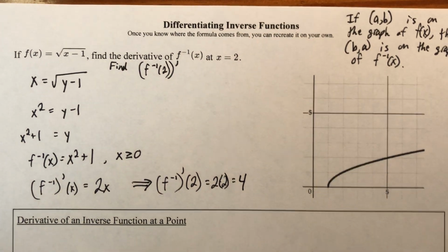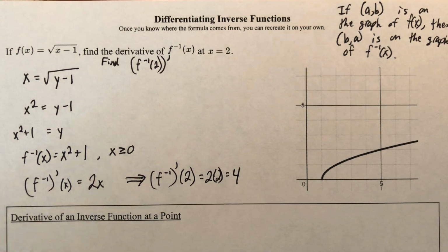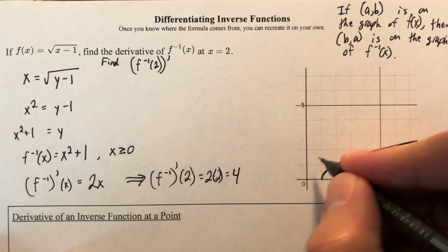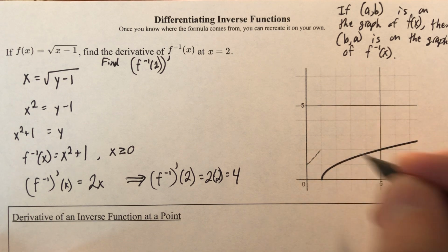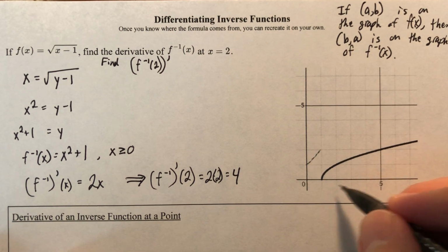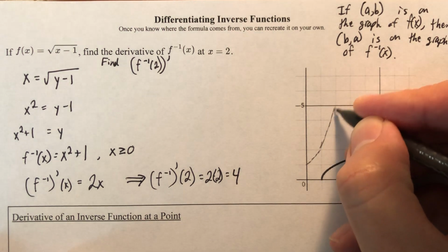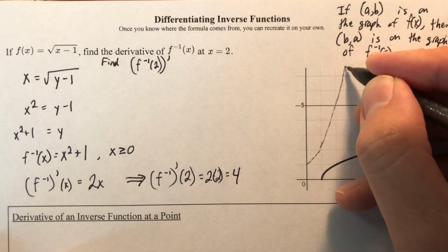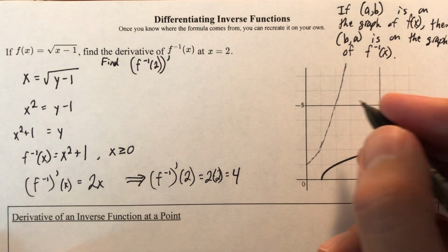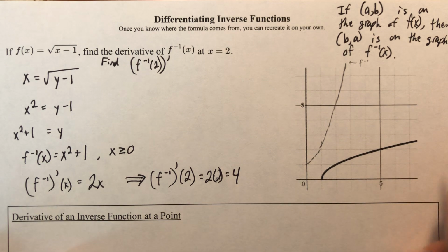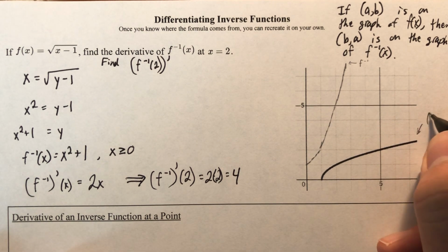All right, let's make some sense of this. I'm going to draw x squared plus 1 to the best of my ability. It goes to the point (2, 5). There we go. So this little graph that I just drew is the inverse, and this graph right here is the original function.